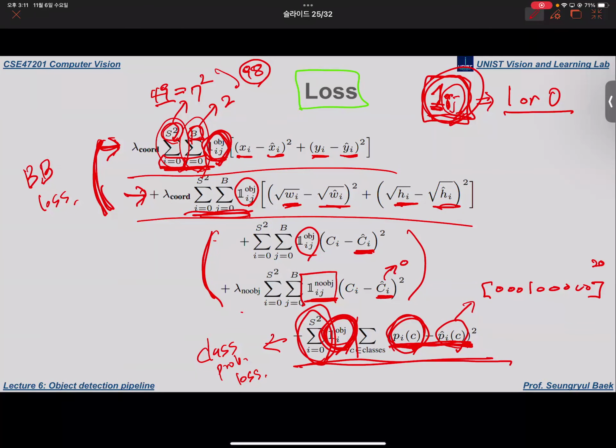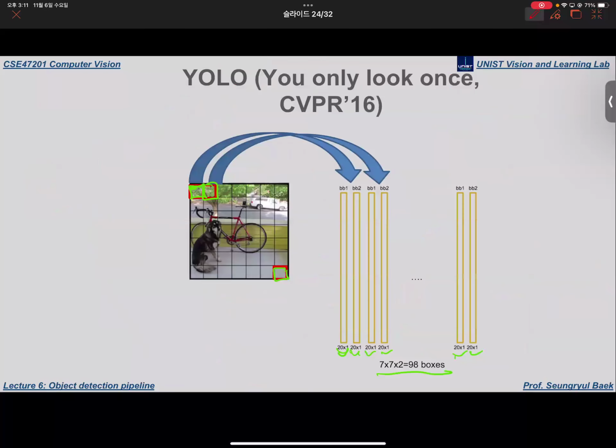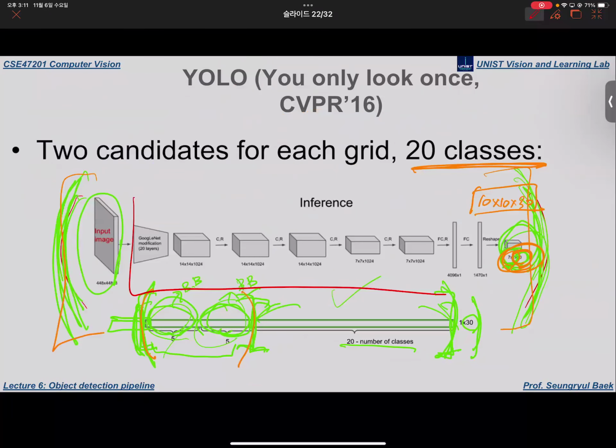If this is a grid which has the object inside, then this value becomes 1 multiplied by its IOU. So actually we are estimating the bounding box accuracy as well when estimating the confidence value. This is the loss function that can train this network.